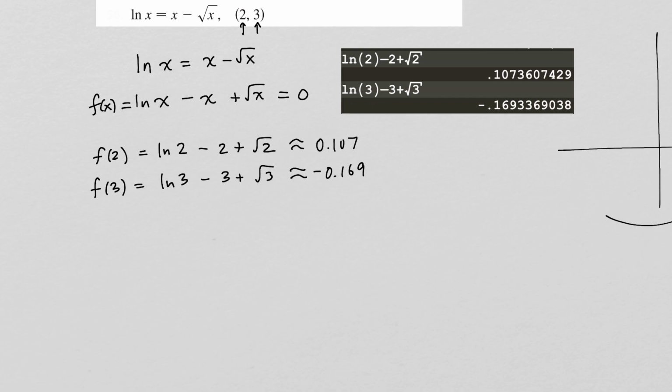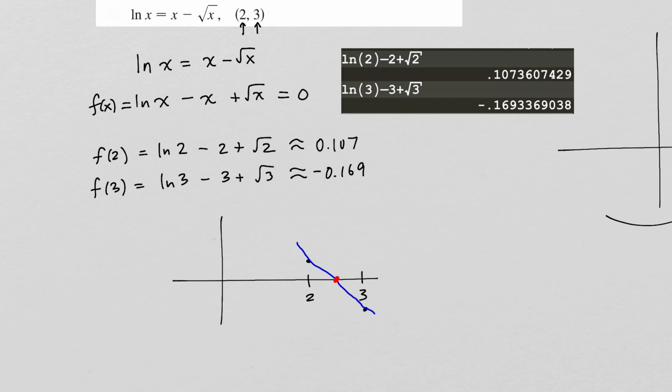So in terms of the graph of the function, what this means, since f(2) is positive, it's above the x-axis. Since f(3) is negative, it's below the x-axis. And since the function is continuous, we are guaranteed that the function has to cross the x-axis somewhere in between 2 and 3.